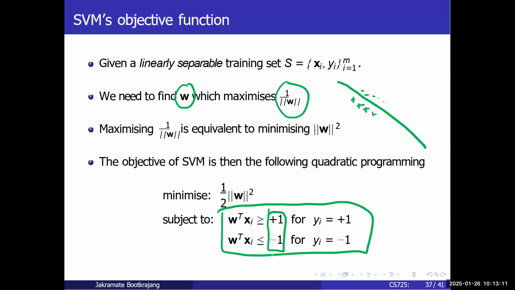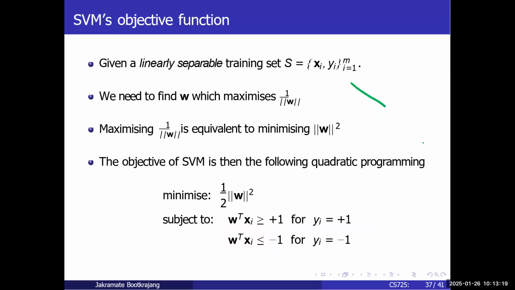But if you have plus one and minus one, what it means is that you still have the decision boundary, but the positive example will start when you are at least 1 unit apart from it, right? So you have the positive example, and then you have the negative example, right? So you have this band, right, of nothing, right? There should be no point in that band, right?